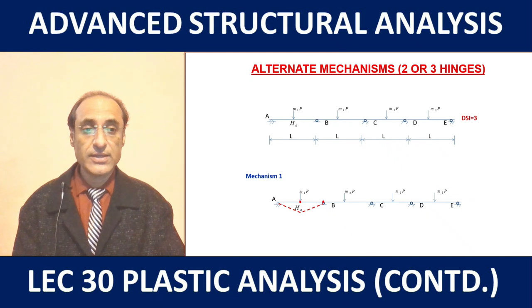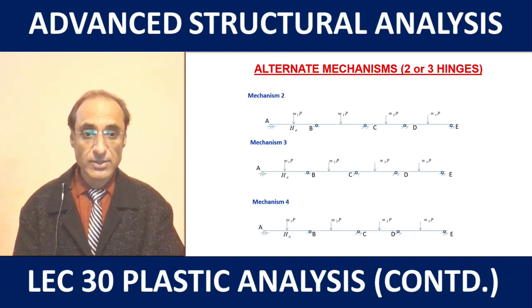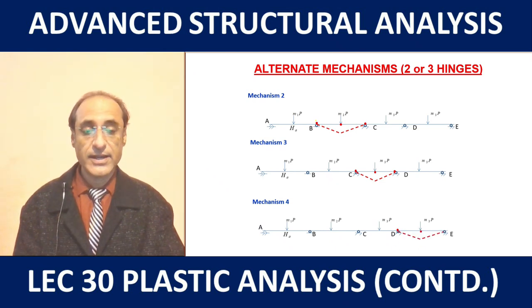So in the case of the end spans, this kind of mechanism is possible, and in the interior spans we need say 3 hinges to bring about collapse of the structure and the formation of a mechanism like this. So we can have alternate mechanisms also depending on which span we are focusing on. So for the end spans just 2 hinges are enough, and for the interiors we need 3 hinges.